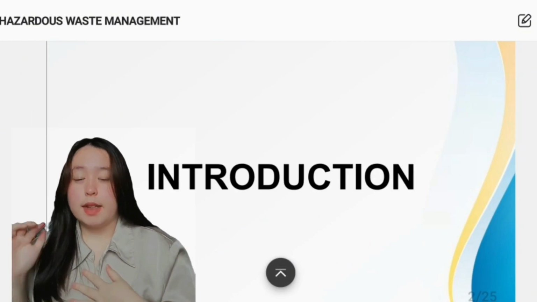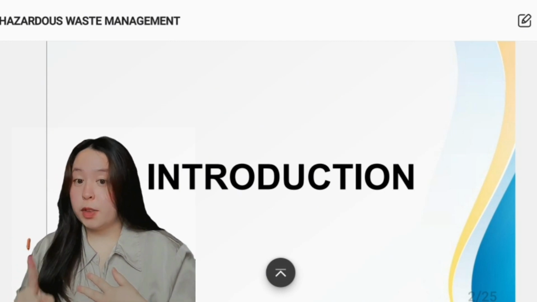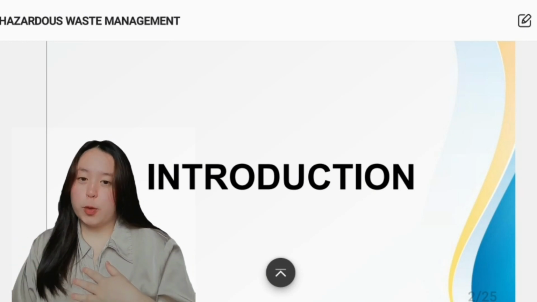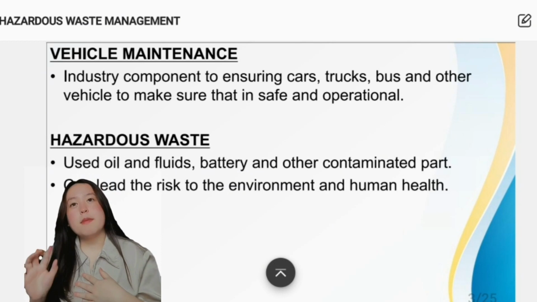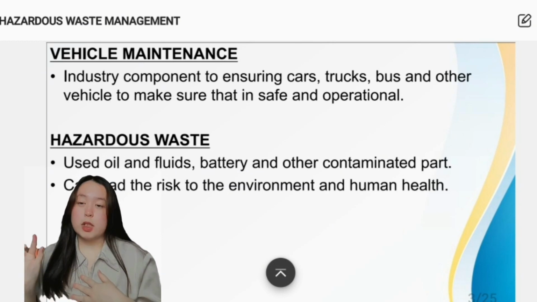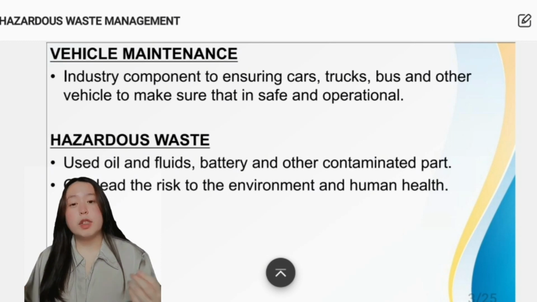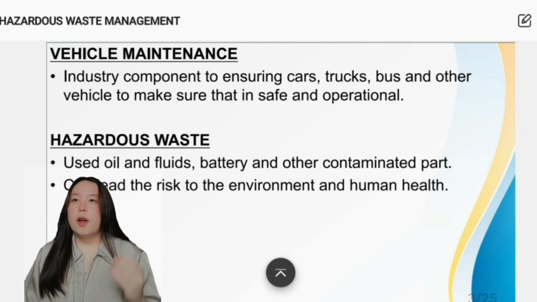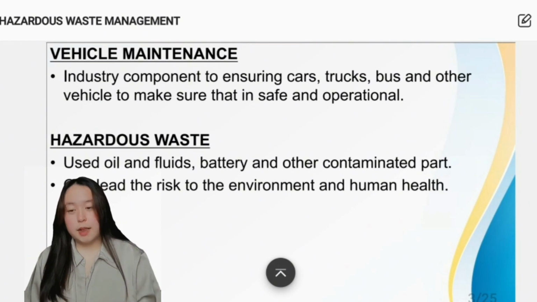In this introduction, our group had to choose one industry that produces waste. Our group chose the vessel maintenance industry. The vessel maintenance industry is a component of our modern society to ensure cars, trucks, buses and other vehicles are safe and operational.